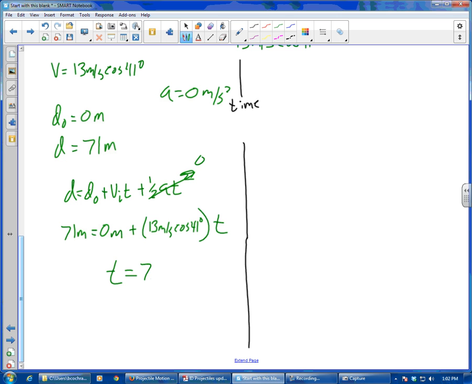I get 7.23669 seconds. Because I know my acceleration is 0, so no matter what, that whole term is 0. That's one of the nice things about this side. Always the acceleration is 0.